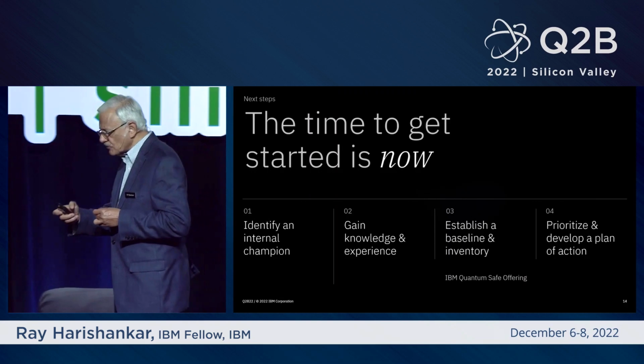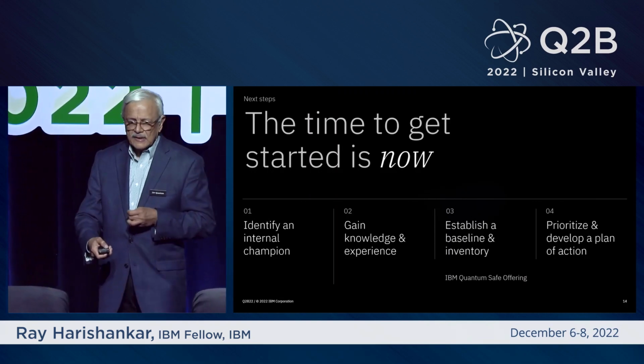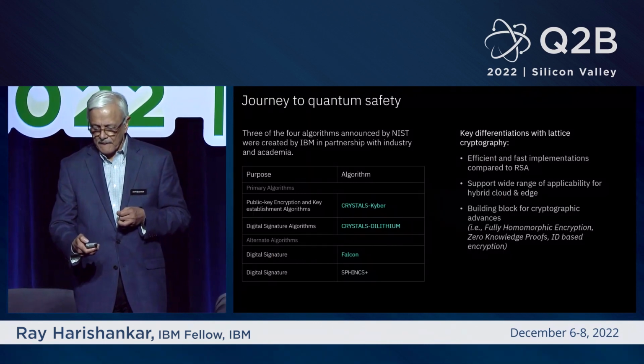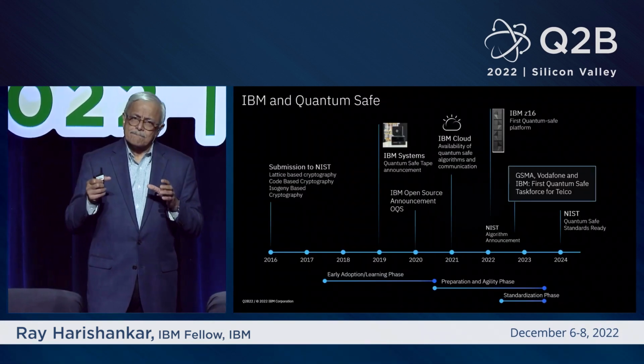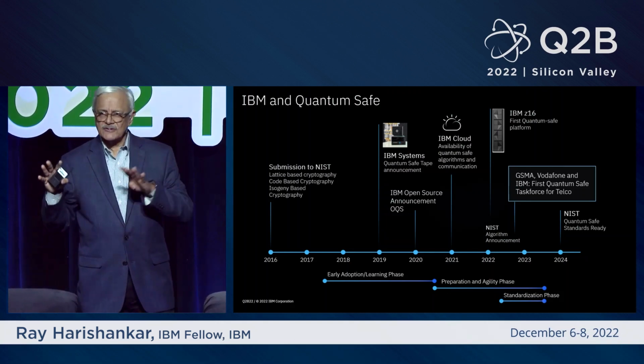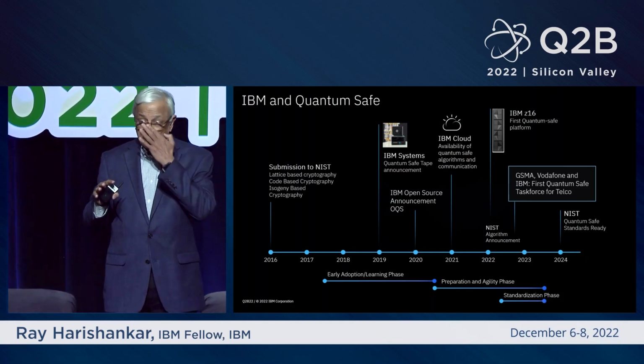One thing I failed to talk adequately about is that while 4 algorithms have been selected, you may say, when are the standards going to be available?